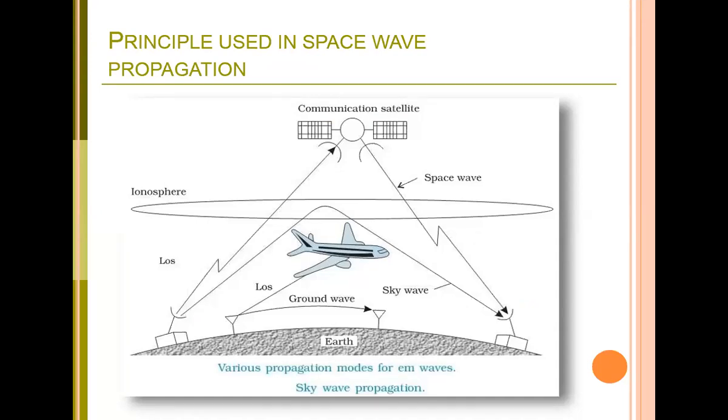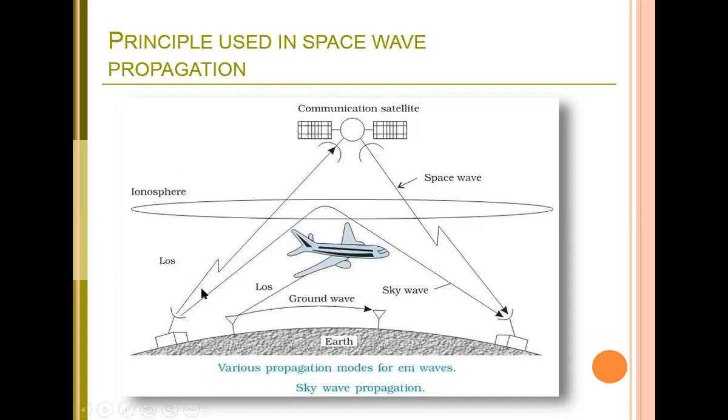If you want to see sky wave propagation, this is the communicating satellite. Transmitting, this is receiving. Signal is directly transmitted to the satellite. Here the medium is free space, then satellite, then free space. Signal is received by the satellite and then it is sent back to the receiving antenna.